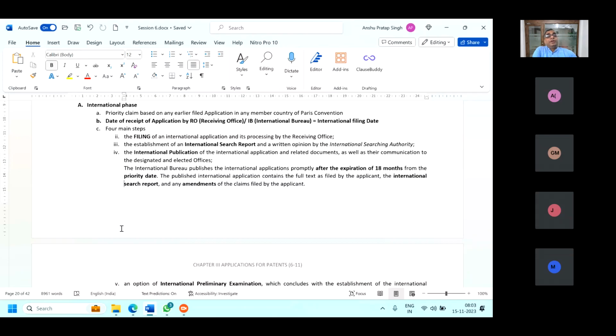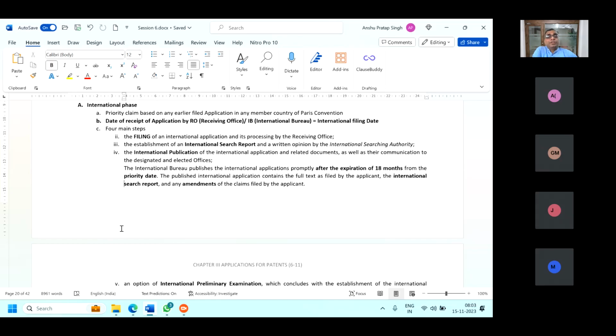In this, the date of receipt of the application by RO or IB will be considered as the international filing date. What are the 4 main steps? First is the filing of the international application with the receiving office and its processing by the receiving office. They will see whether fees have been paid properly and all the other formalities. Then an establishment of the international search report and a written opinion by the international search authority.